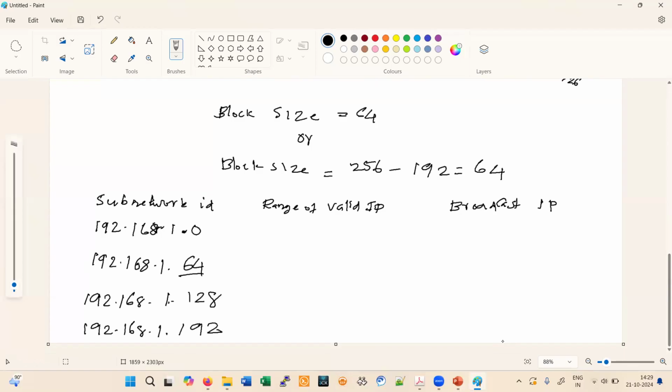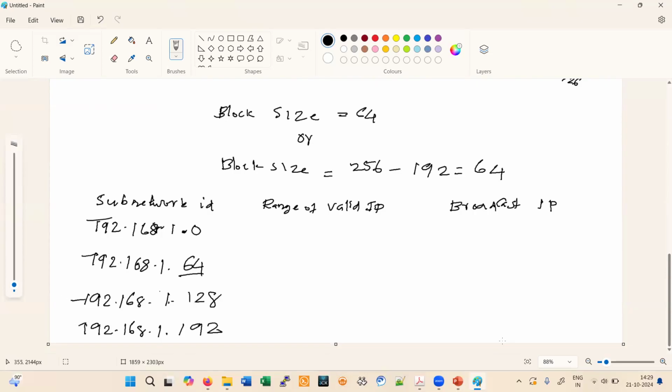If you add 64 again, it will be 192.168.1.256. It's not valid, right? Because each octet has a maximum value of 255. We have already studied that. So we have 4 networks here, and you can see the network ID of each network.